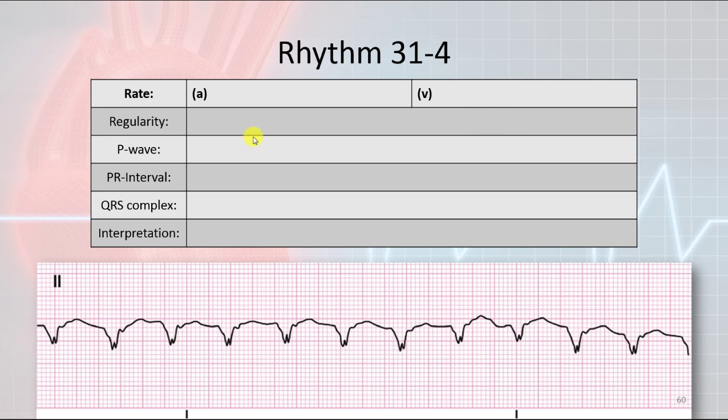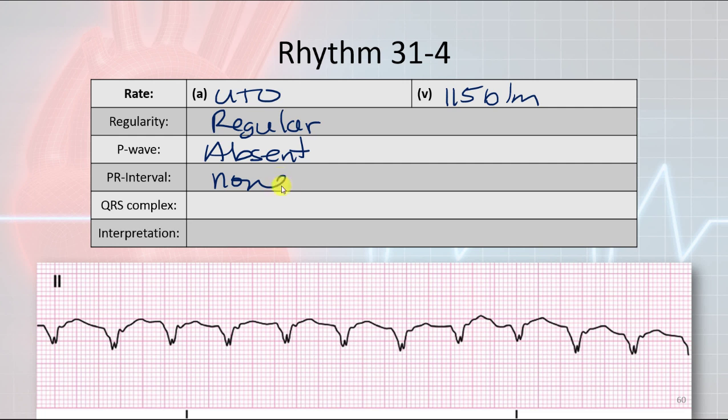On this rhythm here, we have an atrial rate of unable to obtain because we don't see any P waves at all. The ventricular rate, as I calculated it earlier, is 115 beats per minute. Regularity is going to be regular. P wave is absent. PR interval is none.